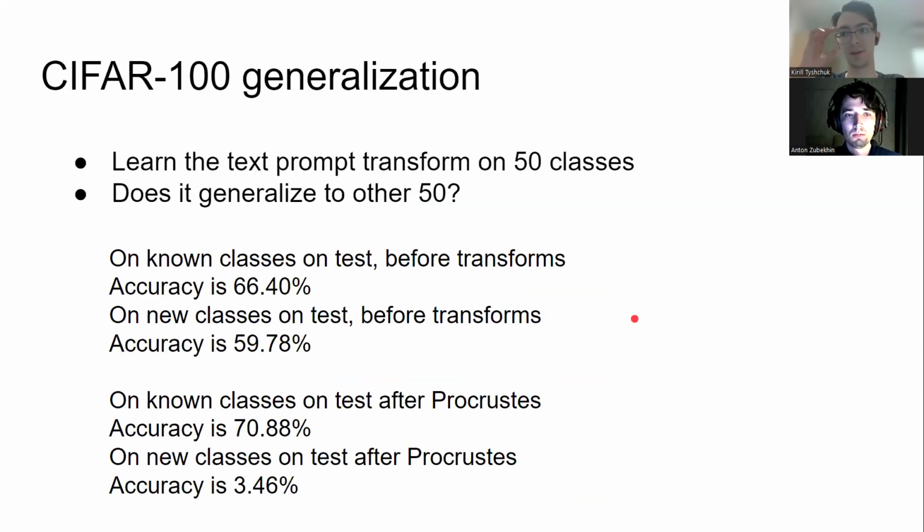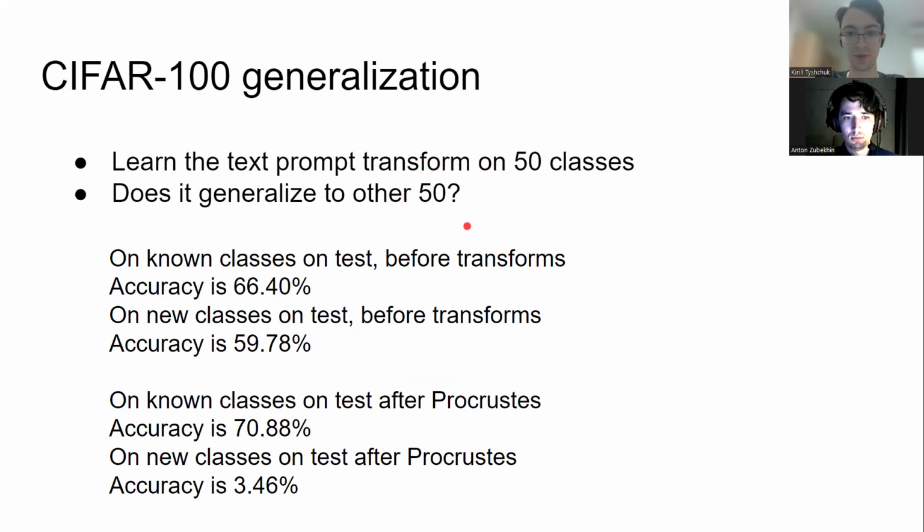And lastly, the last problem that we wanted to investigate is: can we learn to make the CIFAR image embeddings and CIFAR text embeddings closer to each other by learning on the first, say, 50 classes, and then test whether the other 50 classes also get closer to their embeddings.